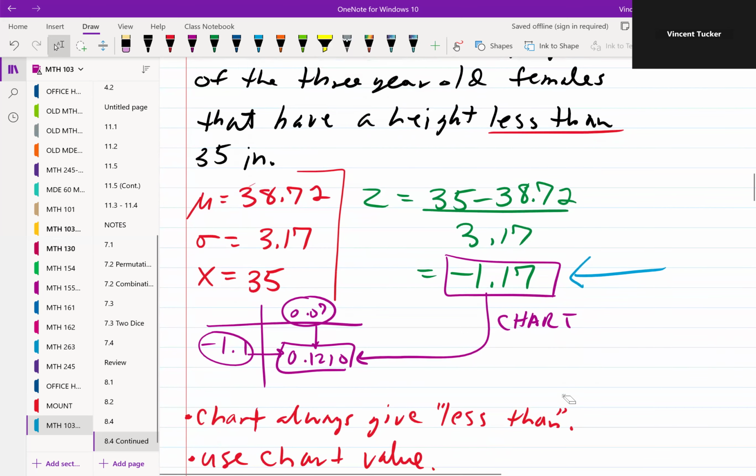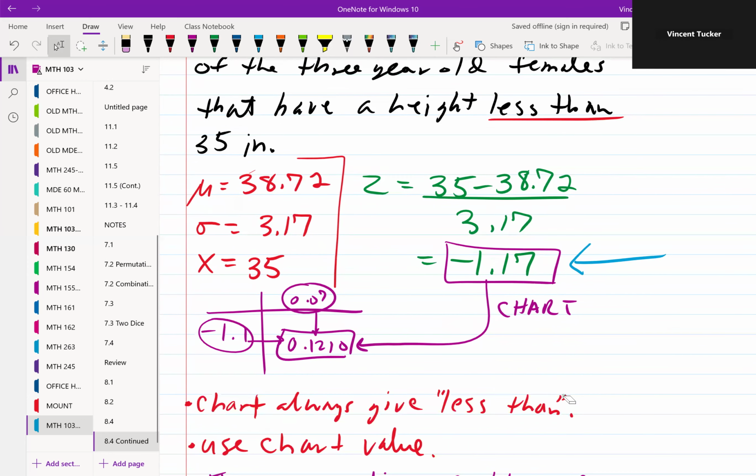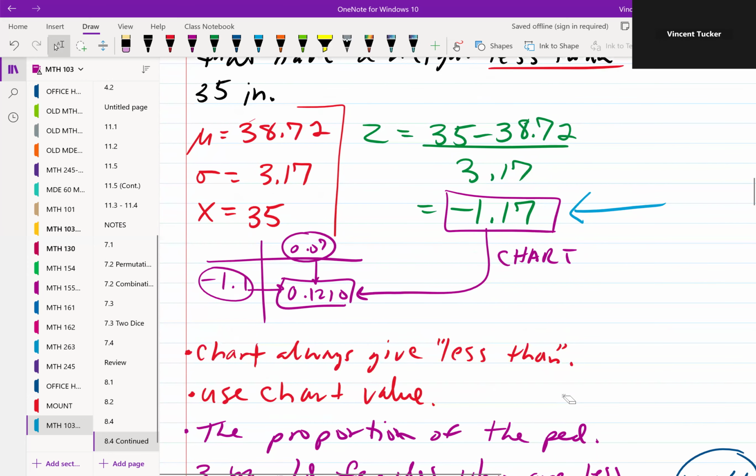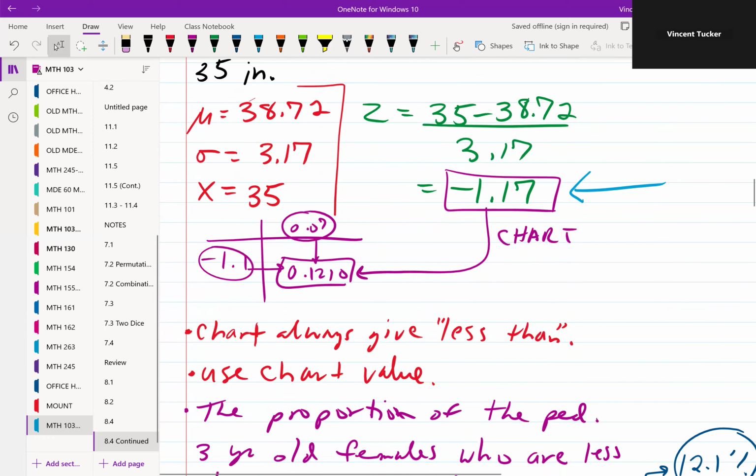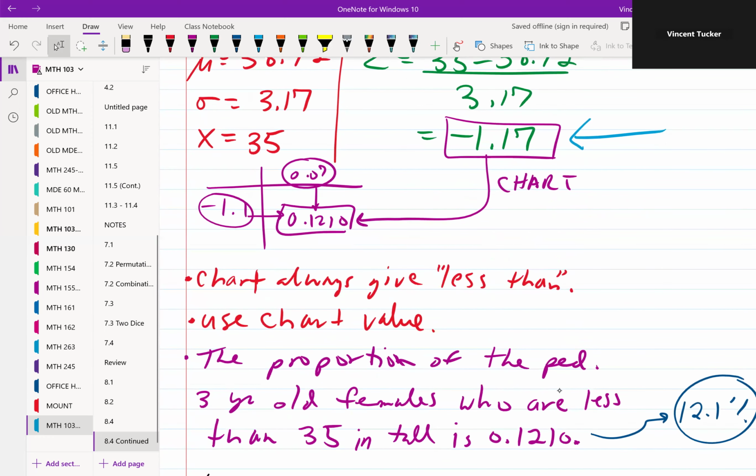All right. So the chart always gives less than. So in this case, we're going to use the chart value because that's what we were looking for, which is less than. So the proportion of the pediatrician's 3-year-old females who are less than 35 inches tall is going to be 0.1210.